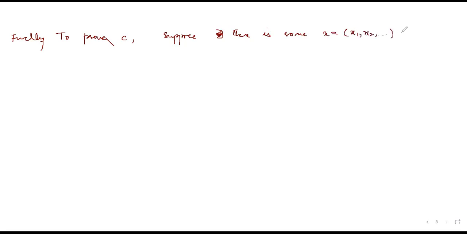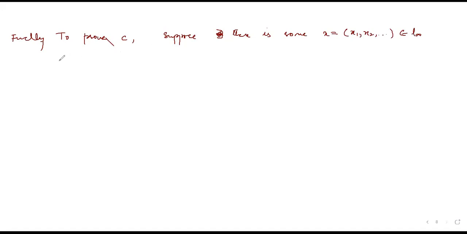चलो c करते हैं. To prove c, या पहले मैं यहाँ लिखता हूँ. Finally, to prove c, suppose there is some sequence x equal to x1, x2, so on and so forth, belonging to L sub infinity, right?